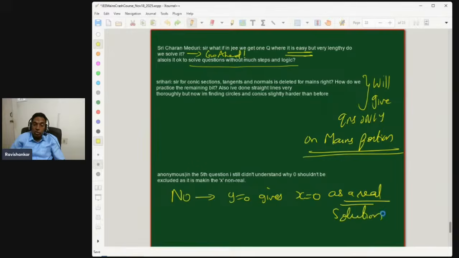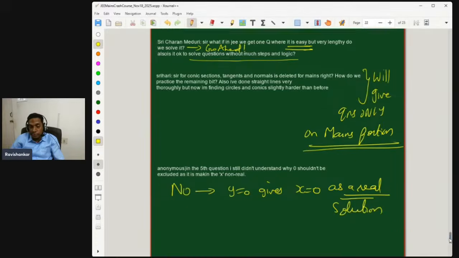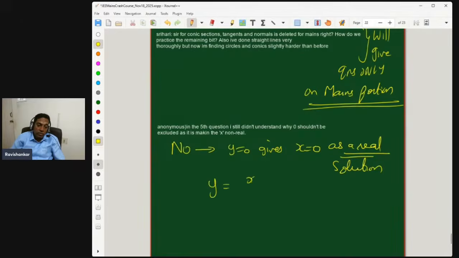It is not a non-real solution. Think about it. y is equal to x by 1 plus x squared, correct, if I'm not mistaken, in question 5. y equals 0 implies x equals 0. You can't solve it as a quadratic.